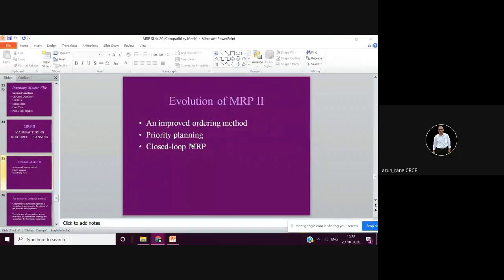And resources means your plants, equipment, processes, people, machines. These are all called resources.